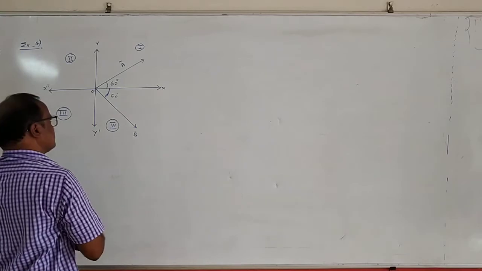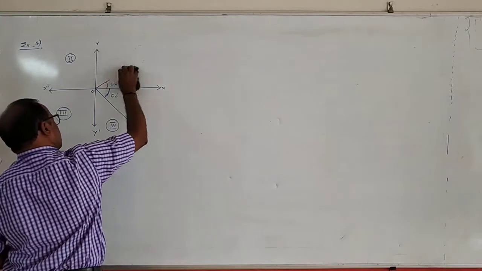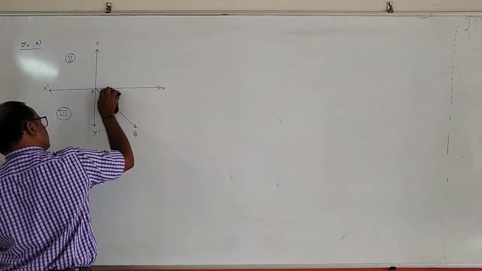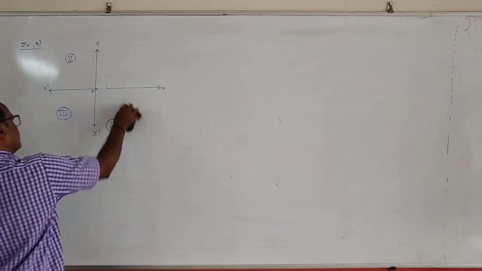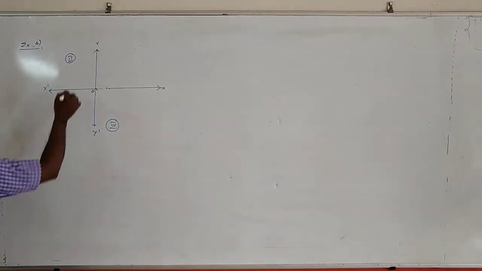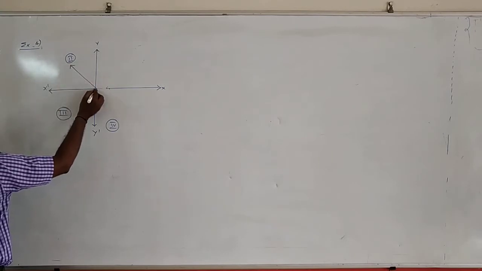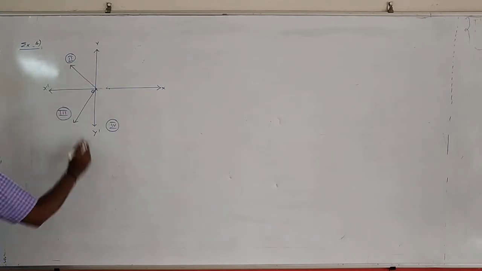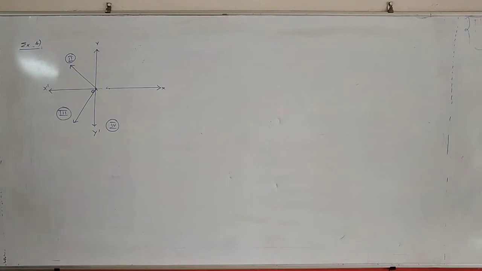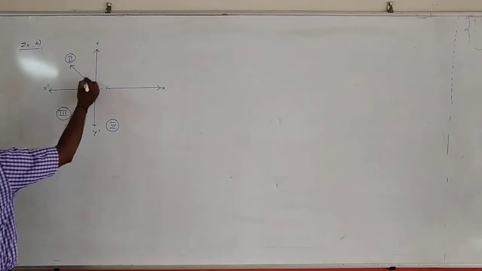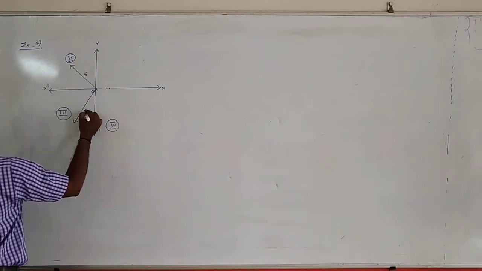In the same coordinate system here, there are two vectors, such that this is the first vector and this is the second vector. Also given, magnitude of the first vector is equal to 5 and the second vector is equal to 6.